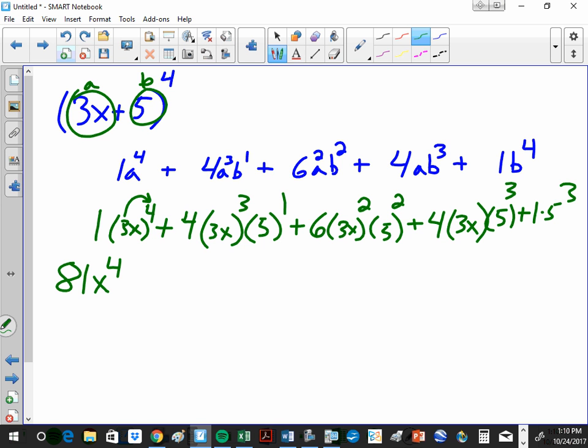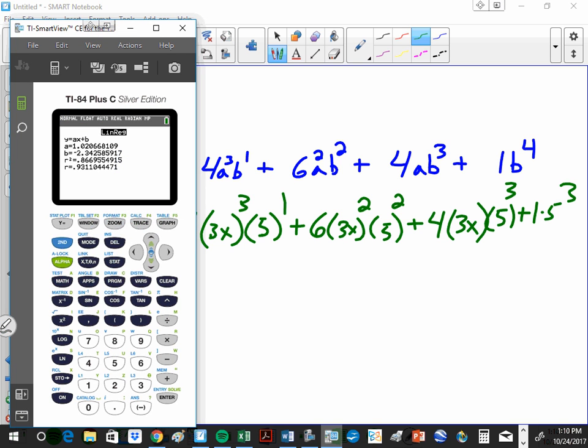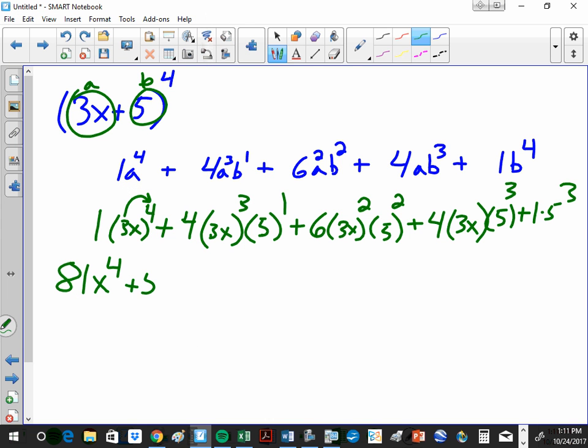What is 4 times 3 to the 3rd times 5? I don't know. Gonna need a calculator for that one. So 4 times 3 to the 3rd times 5. The coefficient is 540, plus 540. What about the variable? X to the 3rd.